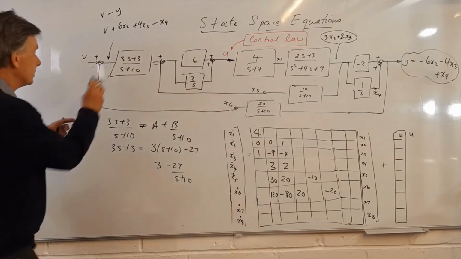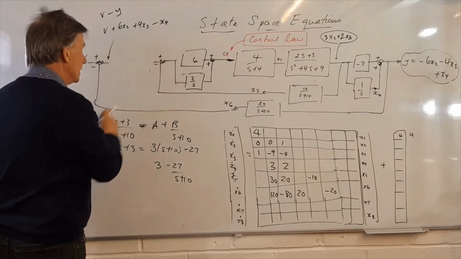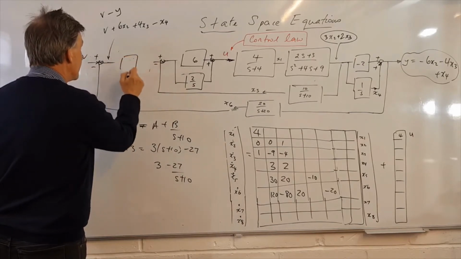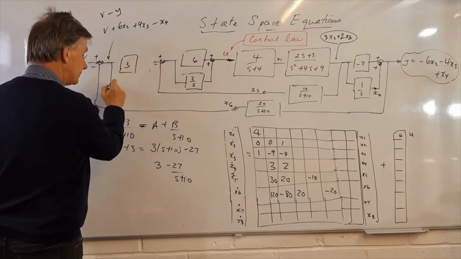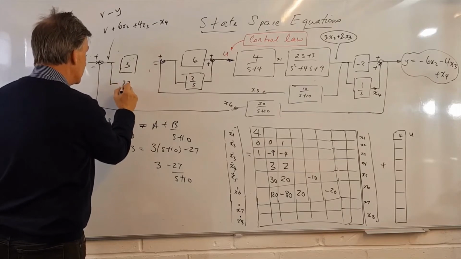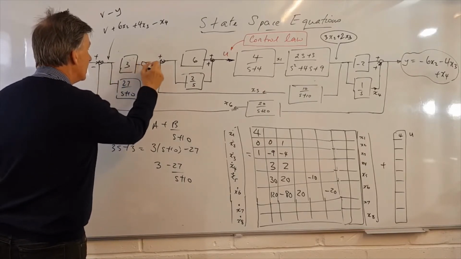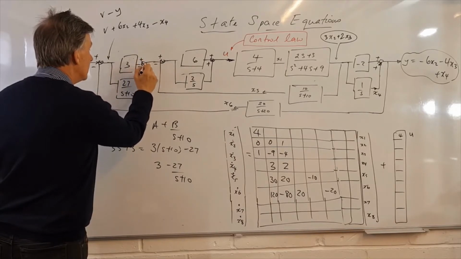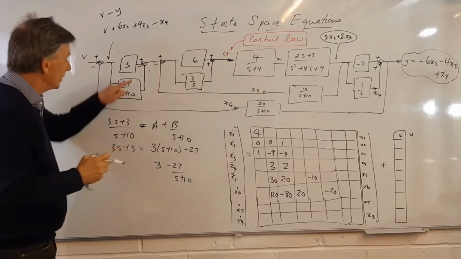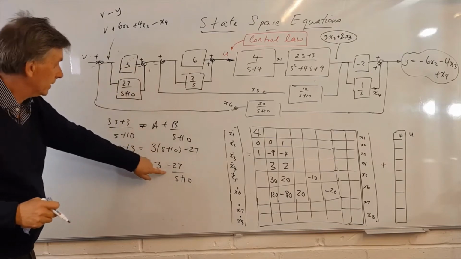So I'm going to take this box out here. I'm going to rewrite this as 3 and a 27 over s plus 10. And this time we'll put a plus and minus in here to give us the minus 27.